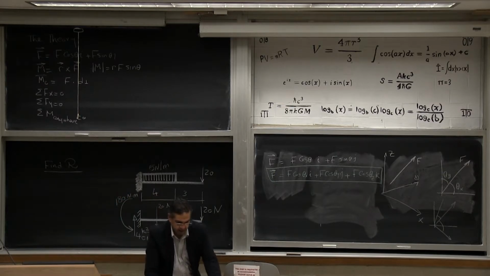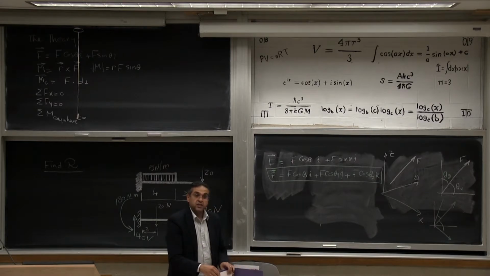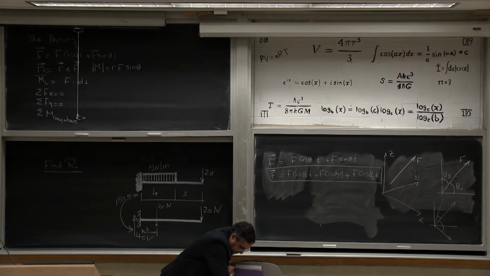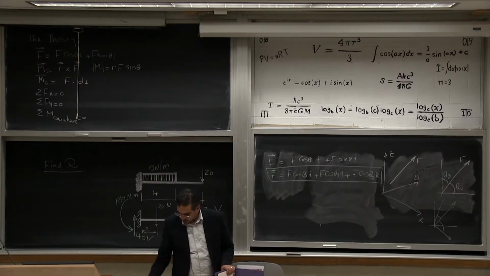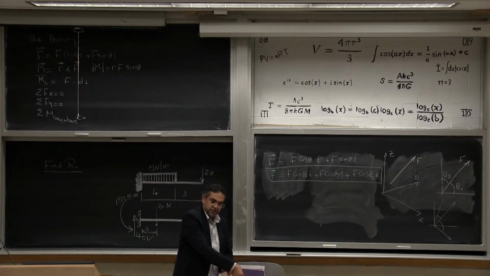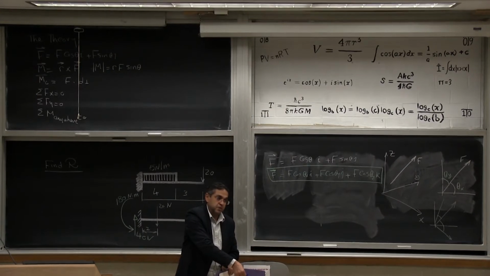I have this as my coordinate system. This is my x, this is y, and this is z. And there is a force here that I want to represent. Can I have a pen, please? Yeah, thank you. So there is a force here that I want to represent.